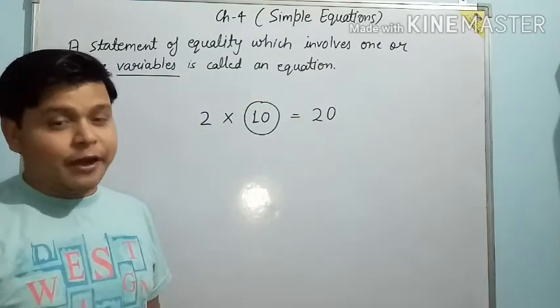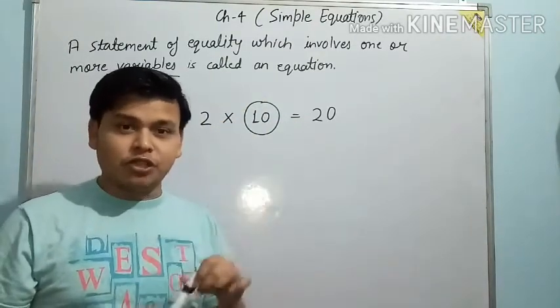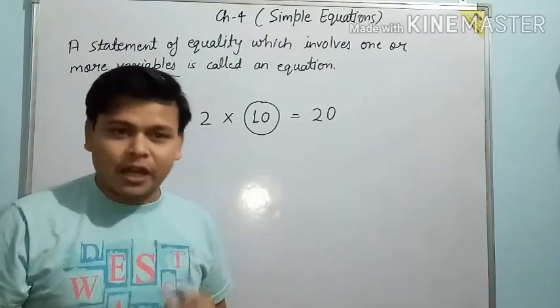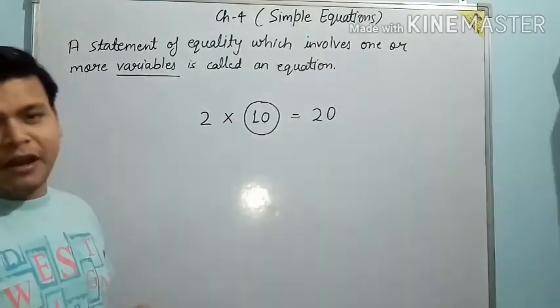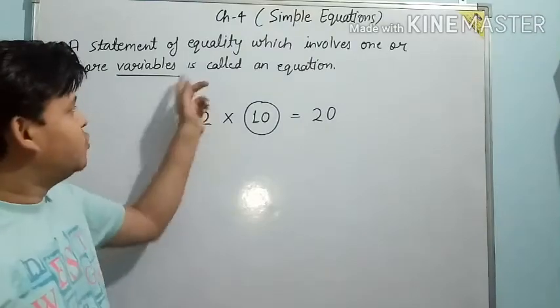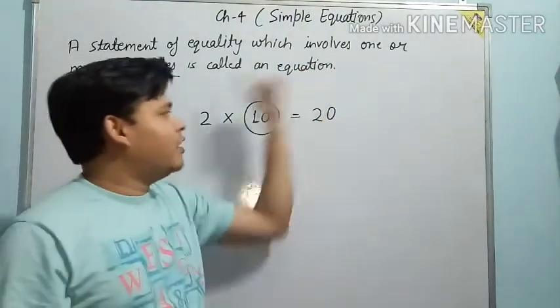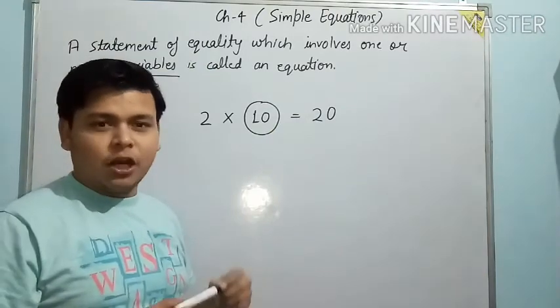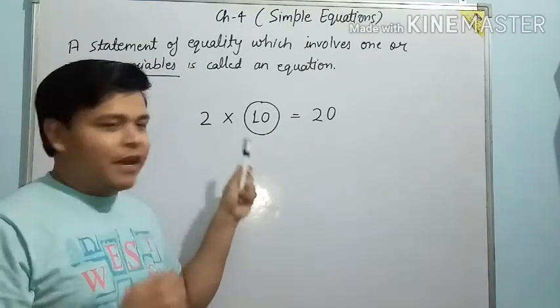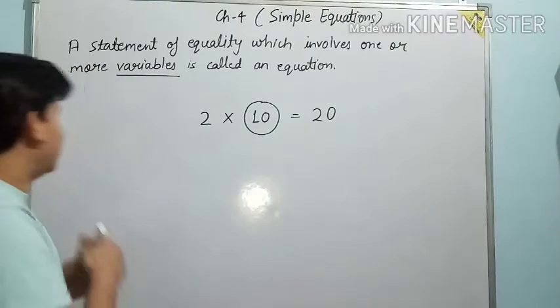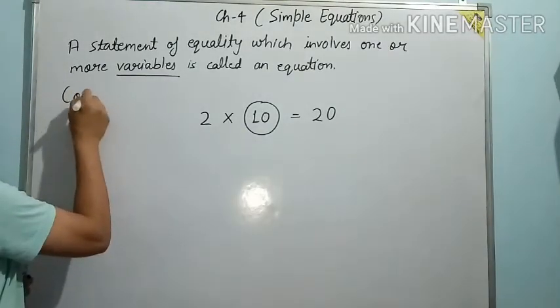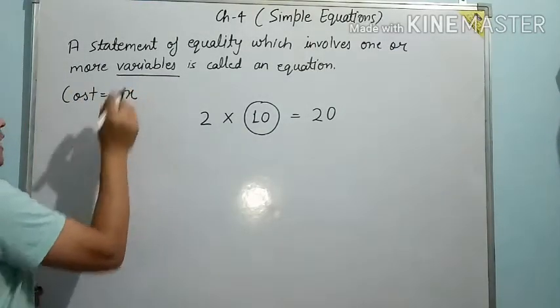But suppose I don't know the cost of this marker, अगर मुझे नहीं पता है कि इस marker की cost क्या है, so in this condition I will have to use a variable. As it is given there, one or more variables. First of all I am telling about one variable. तो मैं क्या करूँगा? I'll use one variable in place of this cost. Let's say the cost of this marker is x.